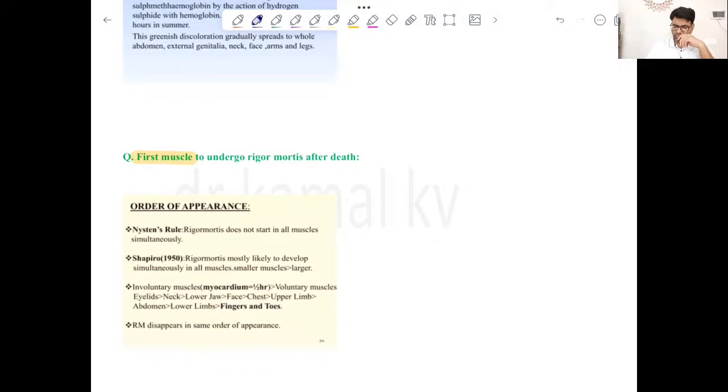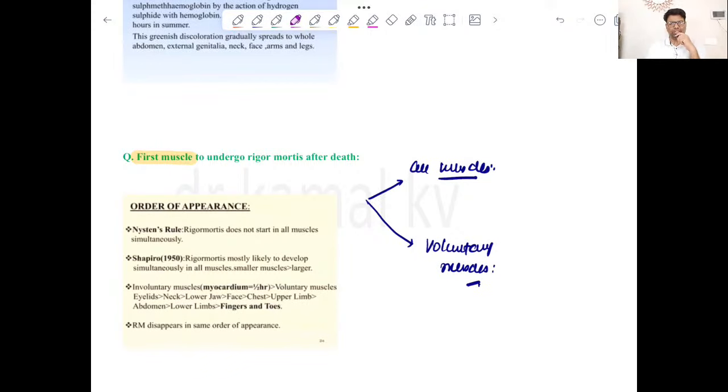So again, you have to specifically check the question statement whether they are asking about all muscles or specifically about voluntary muscles. This is very important, because if they are asking about all muscles, voluntary and involuntary, then it is the myocardium. Clear? Myocardium means heart muscles.